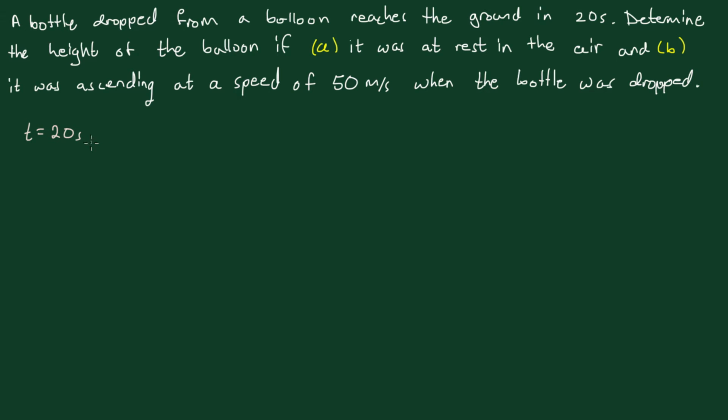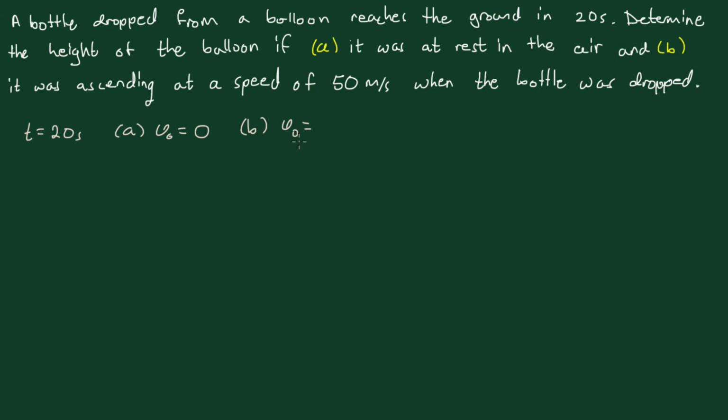Now we're also given two other pieces of information relating to the first and second scenario. For scenario A, V0 is equal to 0. This is the case where the balloon is just hanging in midair and it's not moving. For scenario B, V0 is not 0.